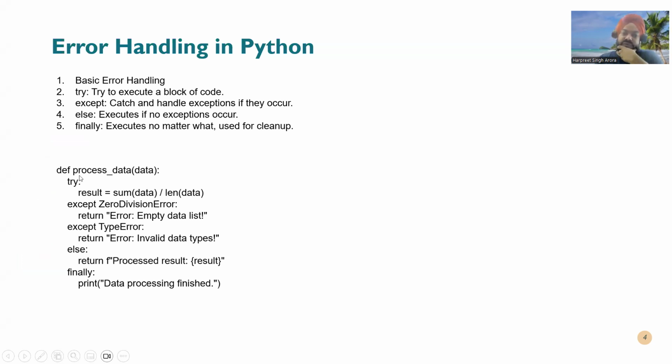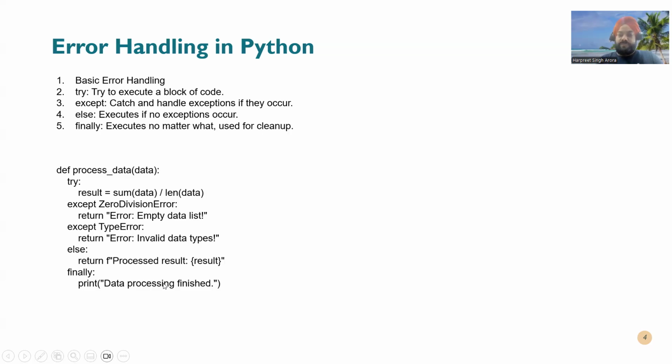So you use try, and you provide that if there's an error, say an error for an empty data list, show that. If it is invalid data types, then show invalid data types. Else, show the processed result. And finally, data processing finished. This will be the end line of your code.